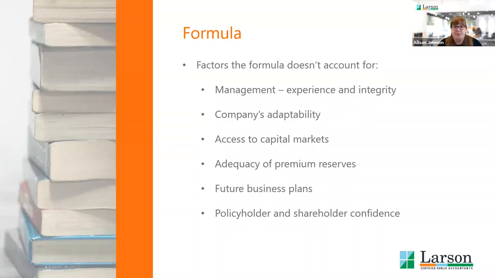If there was some significant fluctuation or a catastrophic risk event, how quickly could they get additional capital in? The adequacy of your reserves, future business plans, as well as just overall policyholder and shareholder confidence in the company. So again, there's not going to be a number applied to these, but it makes sense that those do impact how a company would handle an event.